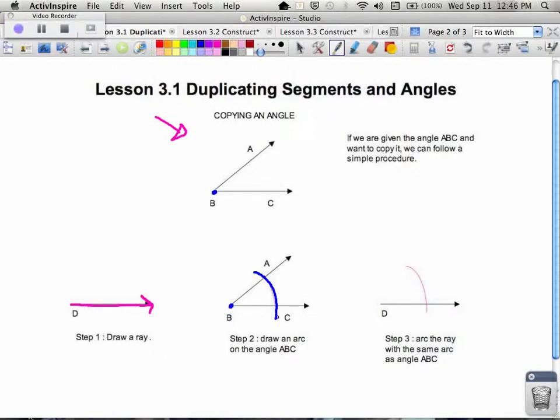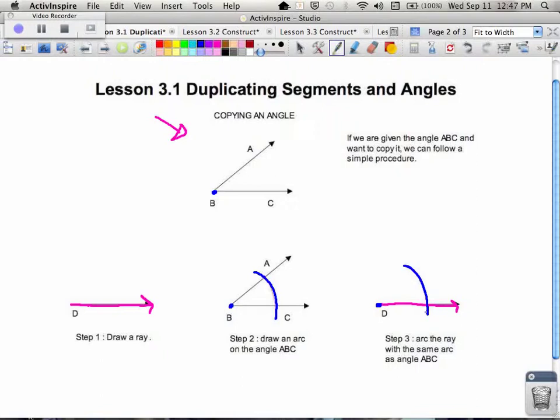Then you're going to go back to your original ray that you drew. That was the ray in the very beginning. And since your compass is already stretched out, after you go to your new ray, ray D, you're going to make an arc out in space with your compass point on the D, and you'll see that that arc matches up with the previous arc on angle ABC.